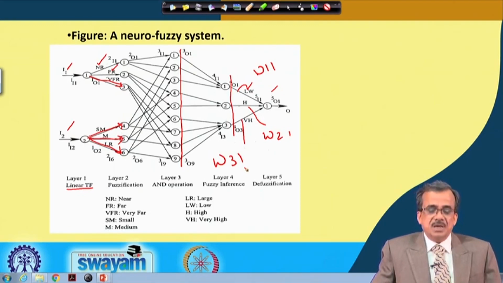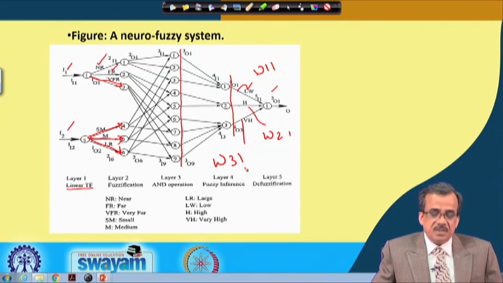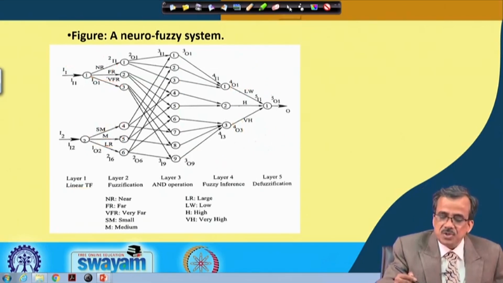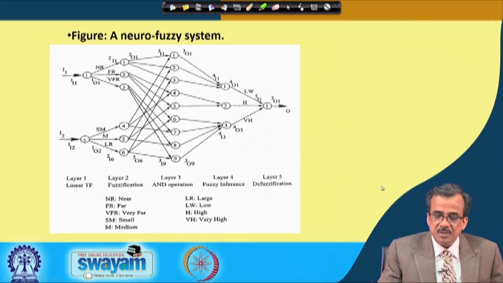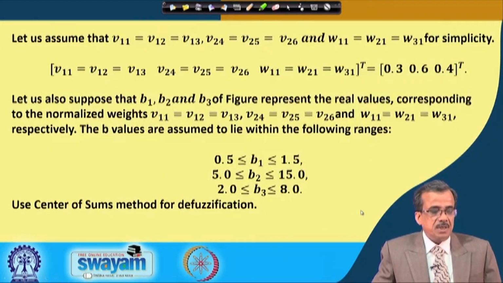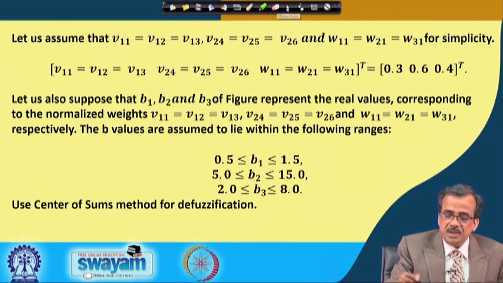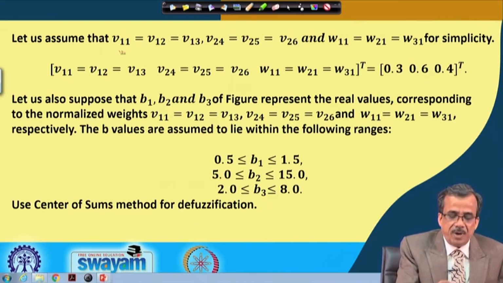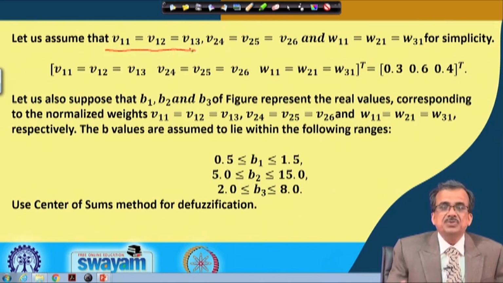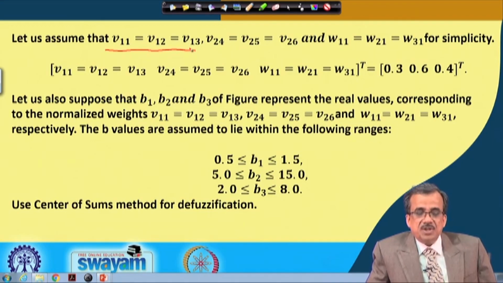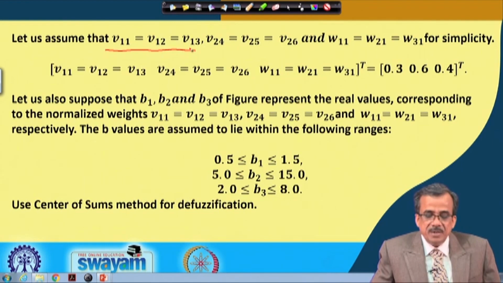Now, let us see how to find out the deviation in prediction for this particular training scenario. As we discussed previously, here you can find that V11 is kept equal to V12 and that is kept equal to V13, just to ensure the symmetrical triangular membership function distribution for I1.